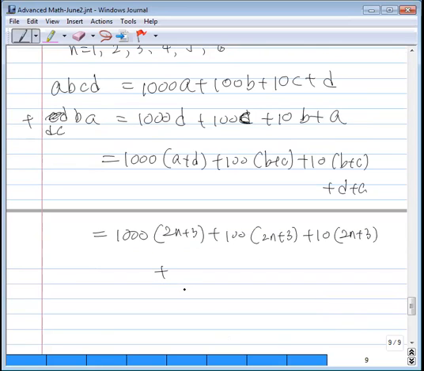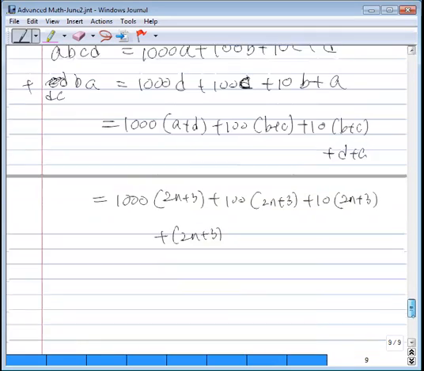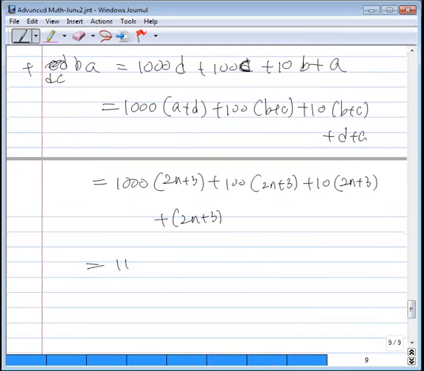And D plus C is 2n plus 3. D plus A, yeah, 2n plus 3. So when you take this out, you get 1, 1, 1, 1, 2n plus 3.